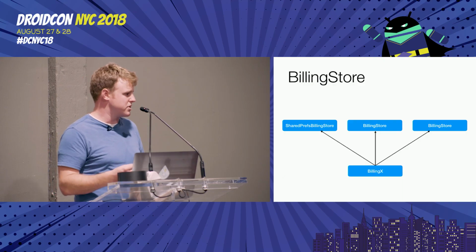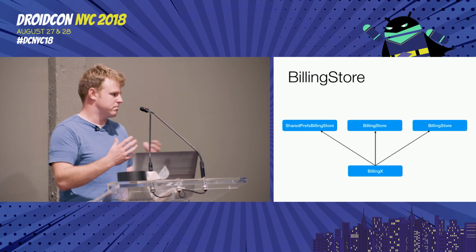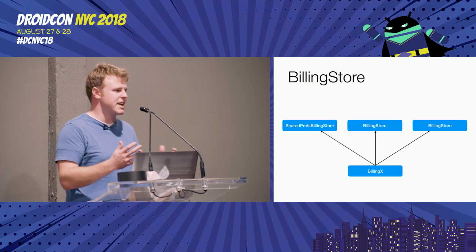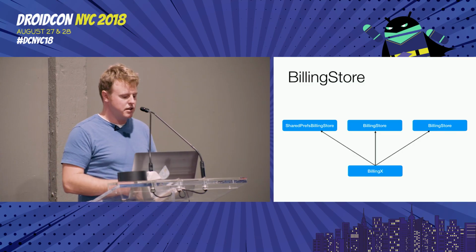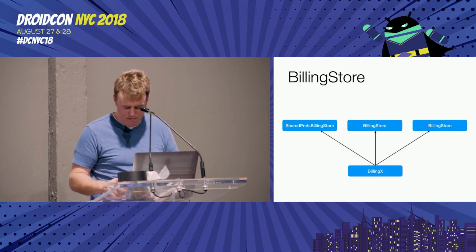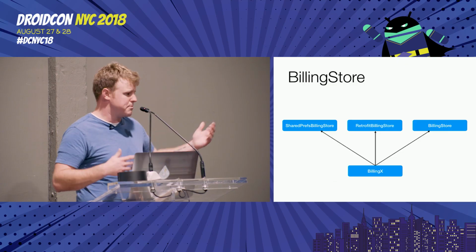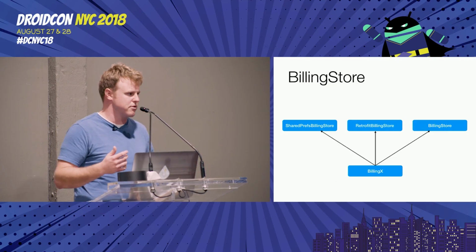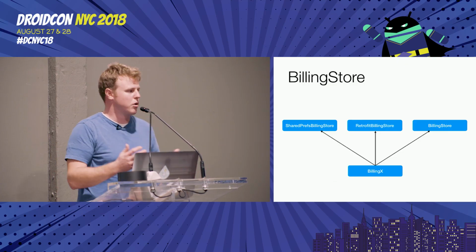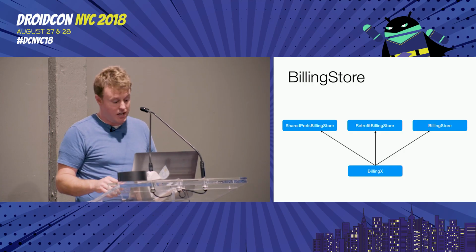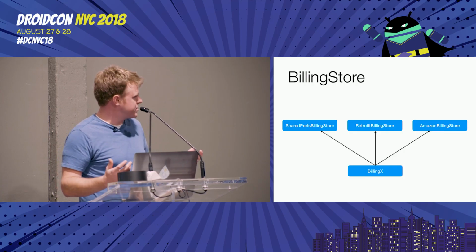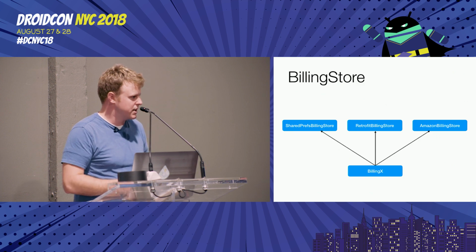If you have a big inventory, you're selling, I don't know, you have a game that's selling all sorts of in-world items, shared preferences might not be for you. And if that changes a lot, maybe you want to have a billing store that's backed by Retrofit. It's going to reach out to your web service that returns your inventory of items. You could also do something like an Amazon billing store, right? Because why not?